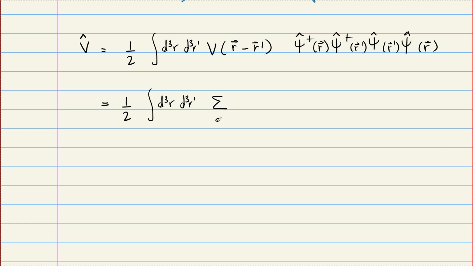So let me write sum over q, V of q, e to the minus i q dot r minus r prime. So this is this one. Now I want to also write momentum of these. Let me write all of them at once.